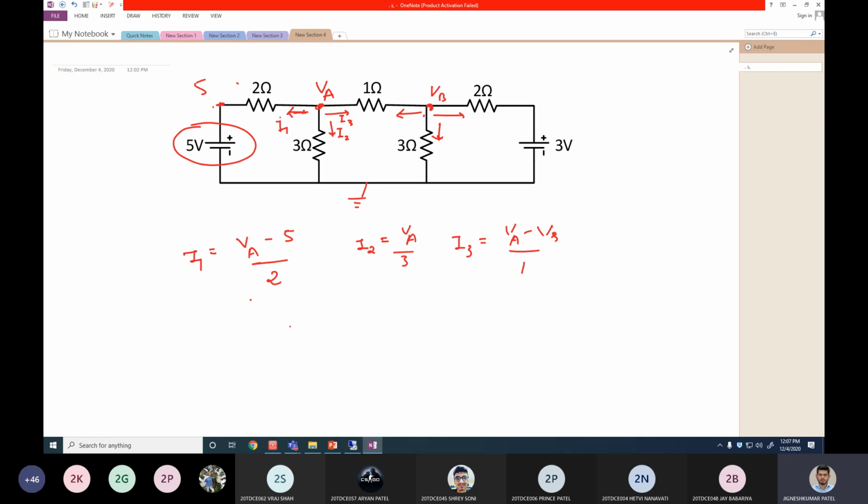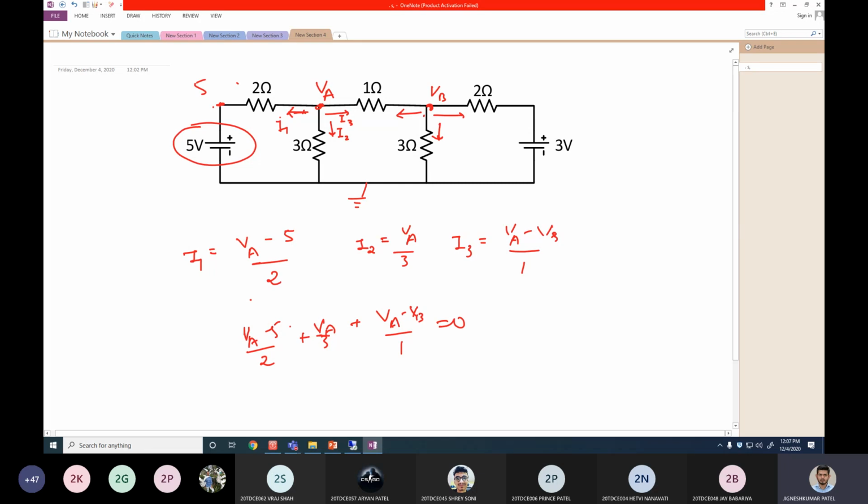What would be my equation? The equation is (VA - 5)/2 + VA/3 + (VA - VB)/1 = 0. Simplify this equation, you will get something, and apply Cramer's rule.